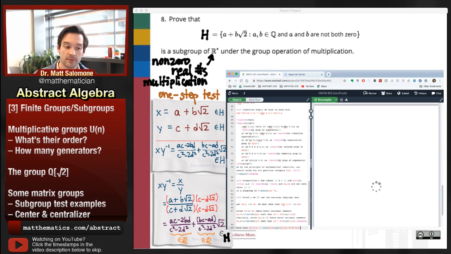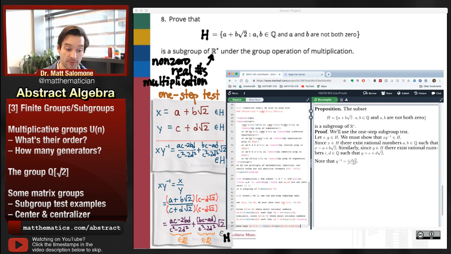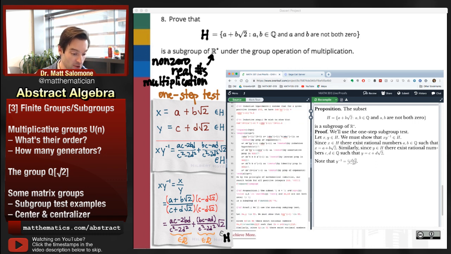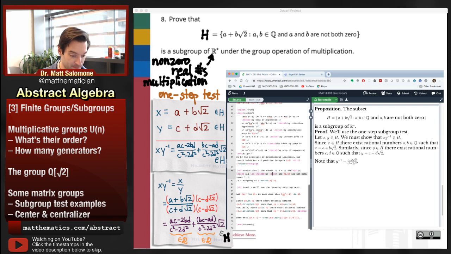This is just the calculation I would get by rationalizing the denominator of 1 over C plus D radical 2. But if I want to show why this belongs to H, I could split the part that has the radical 2 apart from the part that doesn't.